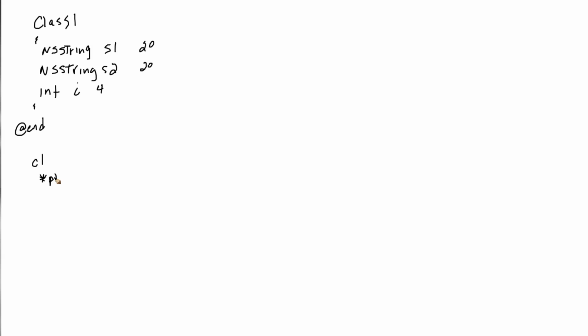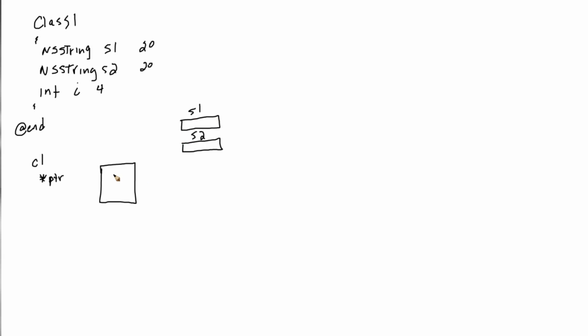So we'll just say PTR. Let's say that this area of memory is the actual class, and this area of memory up here is our S1, and then somewhere else out in memory we have S2.